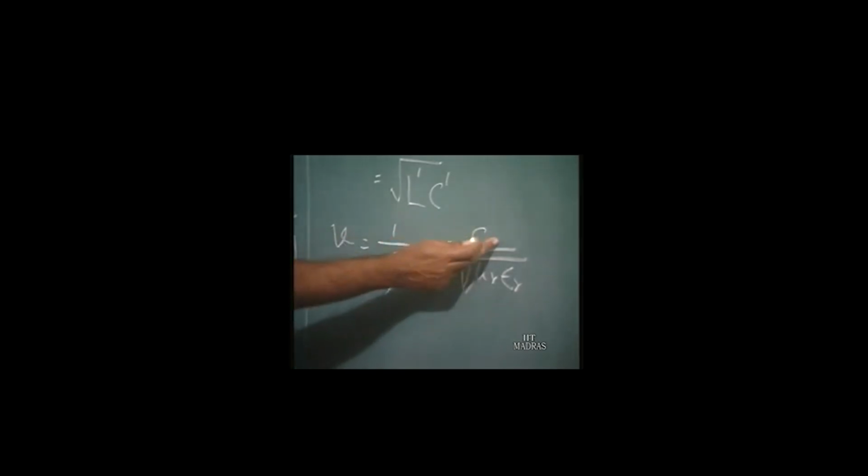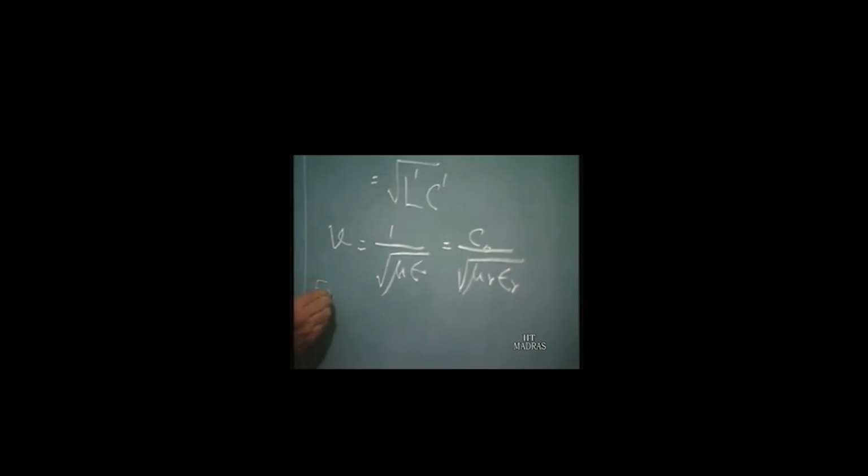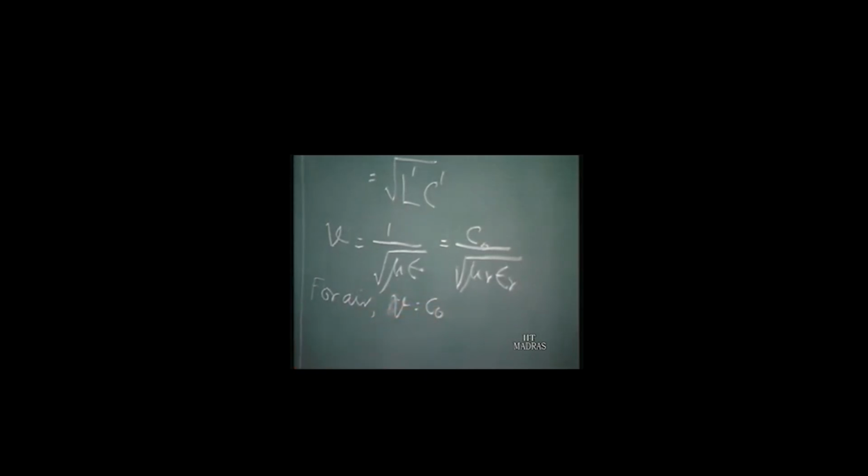The c naught, as we know, is 3 into 10 to the power 10 centimeter per second. Now, if we assume the intermediate medium to be air, mu r and epsilon r are both equal to 1, so v equals c naught.